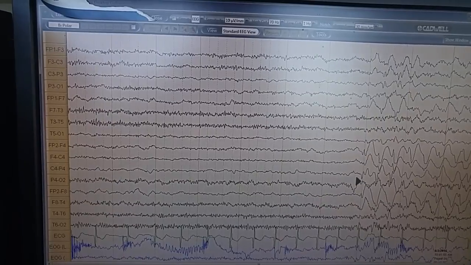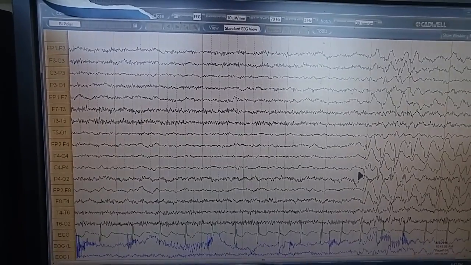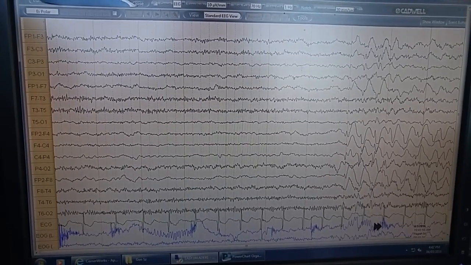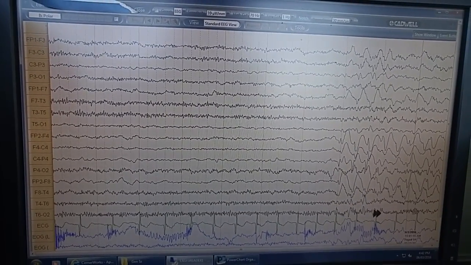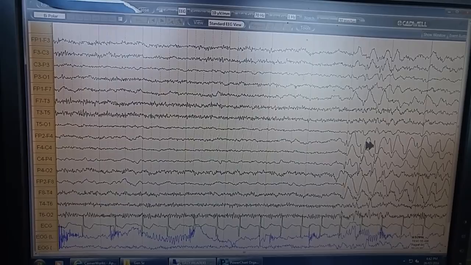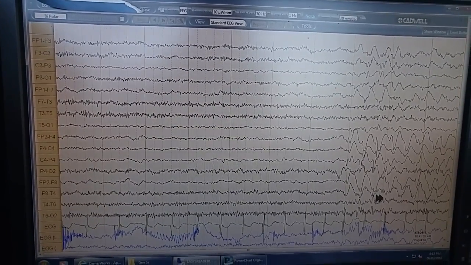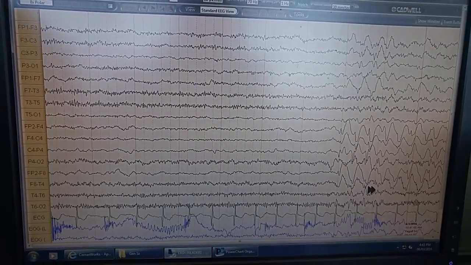Let me see if I can center it a little bit better. Maybe a little bit difficult. So this one right here is showing what appears, on first glance, to be a higher amplitude on the right. So this would make you wonder whether you're dealing with a generalized process.